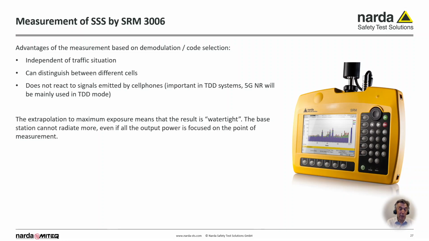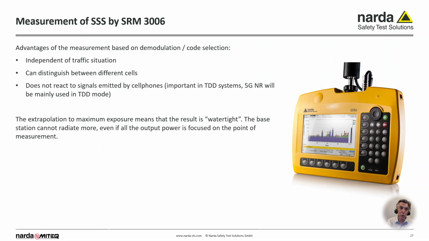Okay, your result was watertight. Now we have to multiply in terms of power with a factor 1000 to have a watertight result. And especially in countries with a 3 or 6 volts per meter limit, you will exceed the limit value. So you cannot do a watertight result with an actual measurement.